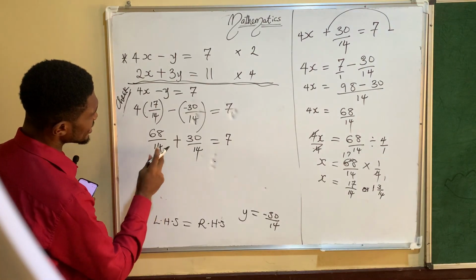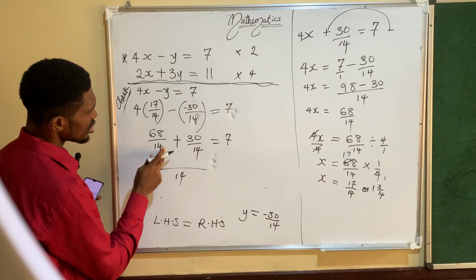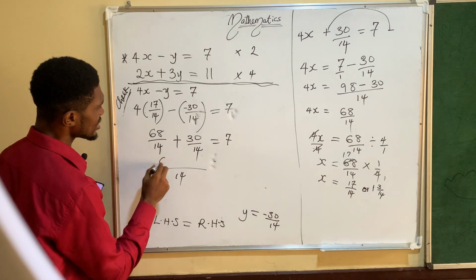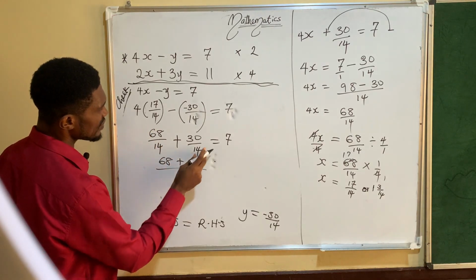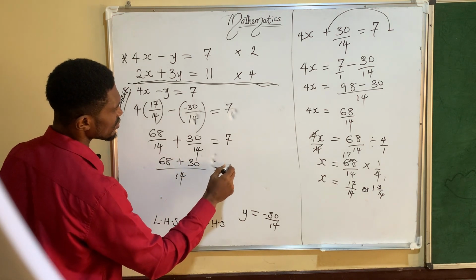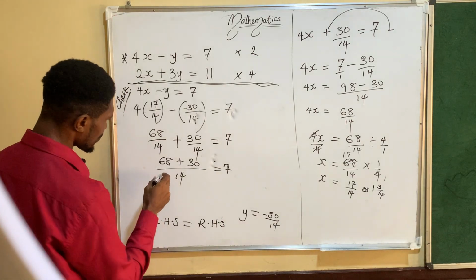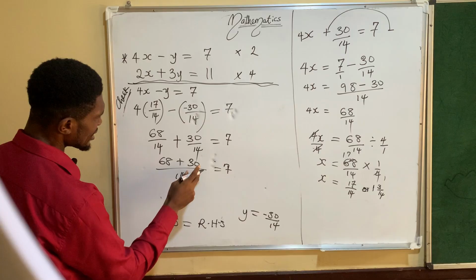So now, we'll look for the LCM of 14 and 14, which is 14. 14 divided by 14 is what? 1. 1 times 68, 68. Plus 14 divided by 14 is 1. 1 times 30 is 30, is equal to 7. Right? So we have 68 plus 30 is what?